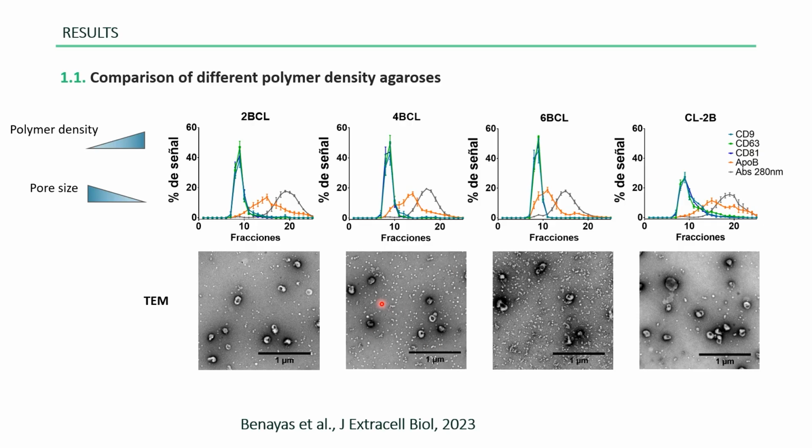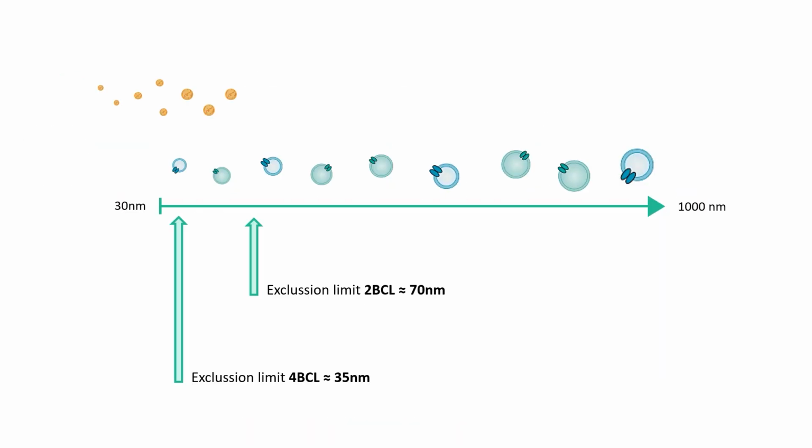Okay, and these results are clearly revealed when we analyze the samples by transmission electron microscopy, in which you see lipoproteins as these small white dots in the background. So the 2BCl, the 2% resin, is cleaner than the ones with a higher percentage of polymer. Okay, so 2% is the one that most people used.